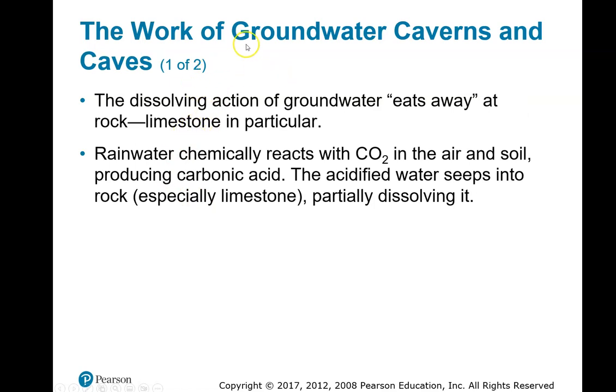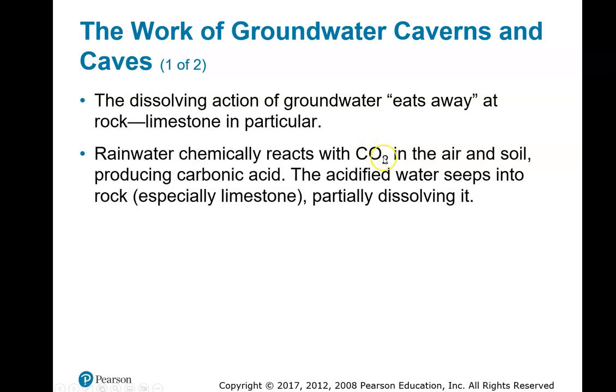All right, and then there are some other things that groundwater can do, like forming caves and caverns. And this isn't just from humans, right? There's always been carbon dioxide in the air, going back since the first volcano exploded on Earth, billions of years ago.